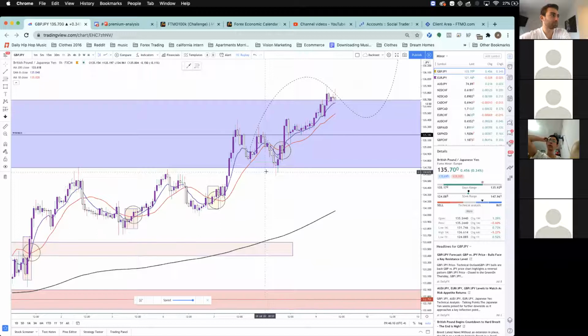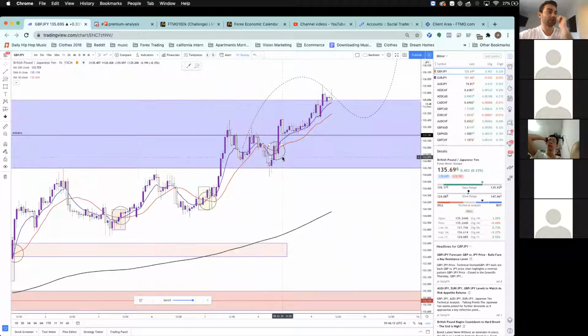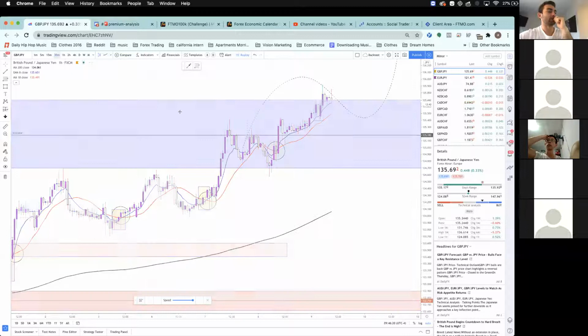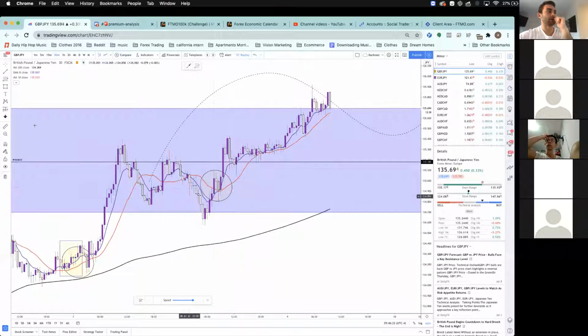So back on GJ, next entry opportunity, not exactly the best, because obviously we would have had to enter following this candle, but we had the cross. If you wanted to bump down to the 30-minute, if you're really trying to get in on this, look how clean this is right there. Boom, break through the moving averages, and then that bullish engulfing candle, that would have been your entry.